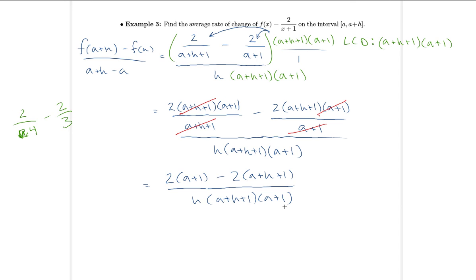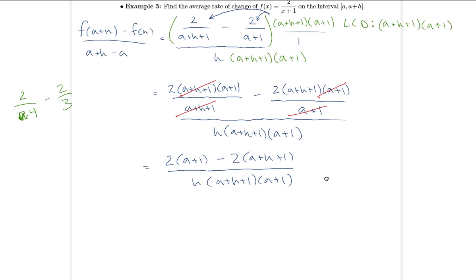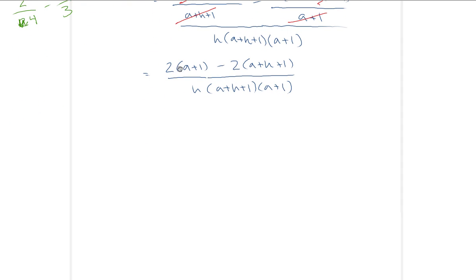All right, we're just about there. We've got to see if there's any kind of canceling or simplifying further that I can do. So I need to do some distributing up here to get things untrapped from where it is right now. So I have 2a plus 2, and then remember this minus 2 has got to go through to everything. So minus 2a minus 2h minus 2.